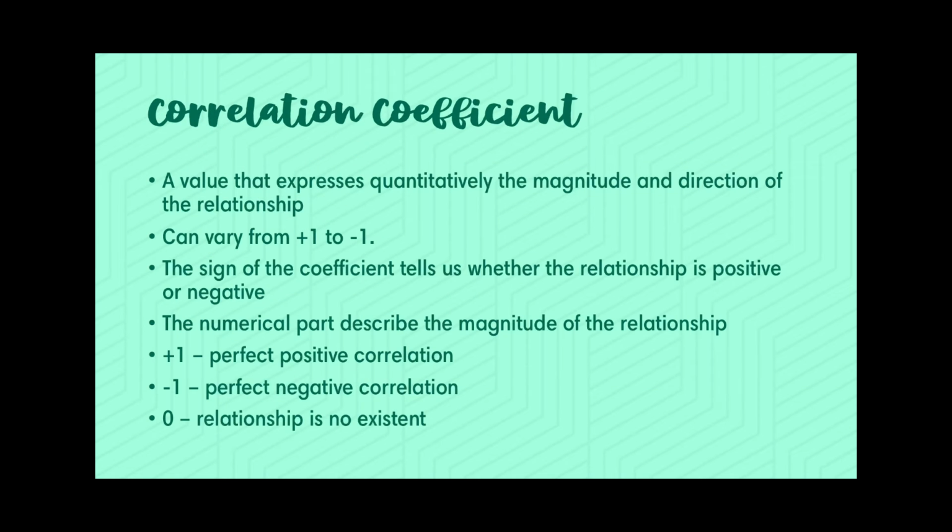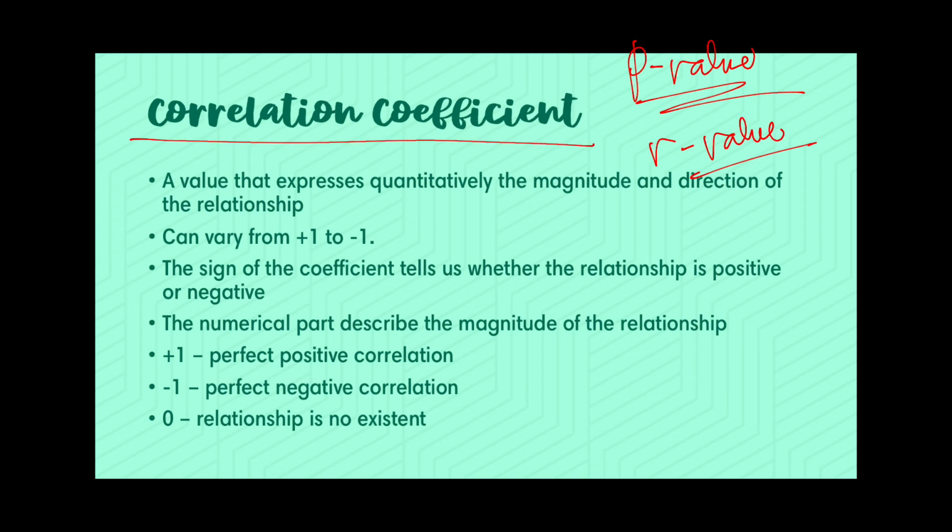So aside from looking at the p-value telling you the significance of the relationship, if it's less than 0.05, you also have to look at the R value, or we usually call the correlation coefficient. So the correlation coefficient basically tells you two things. One, it tells you the direction of the relationship, and we've discussed that. It's positive or negative, but it also tells you the magnitude of the relationship. So the magnitude of the relationship can vary from +1 to -1, right?